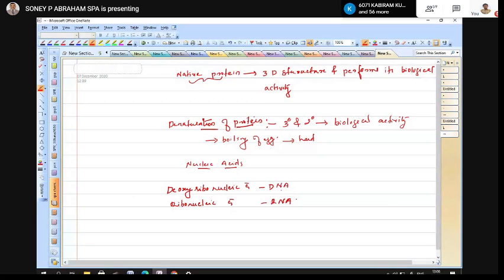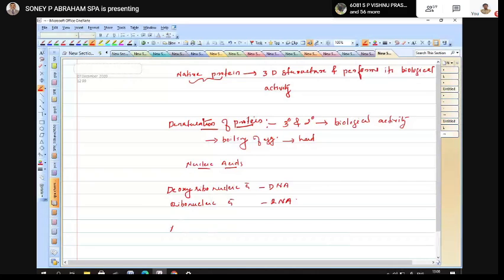When you are talking about the chemical composition of DNA and RNA, a nucleic acid will have three components.